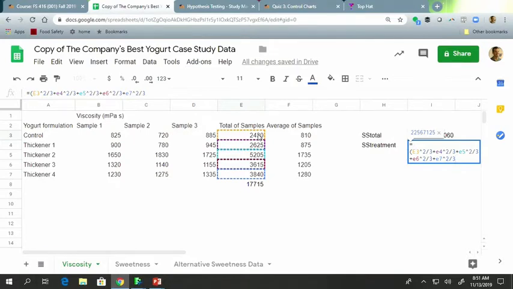Okay, so I've got the first part, and I'm going to subtract, again in this case, this 17,000 number squared, like we just did in the previous one, divided by 15.